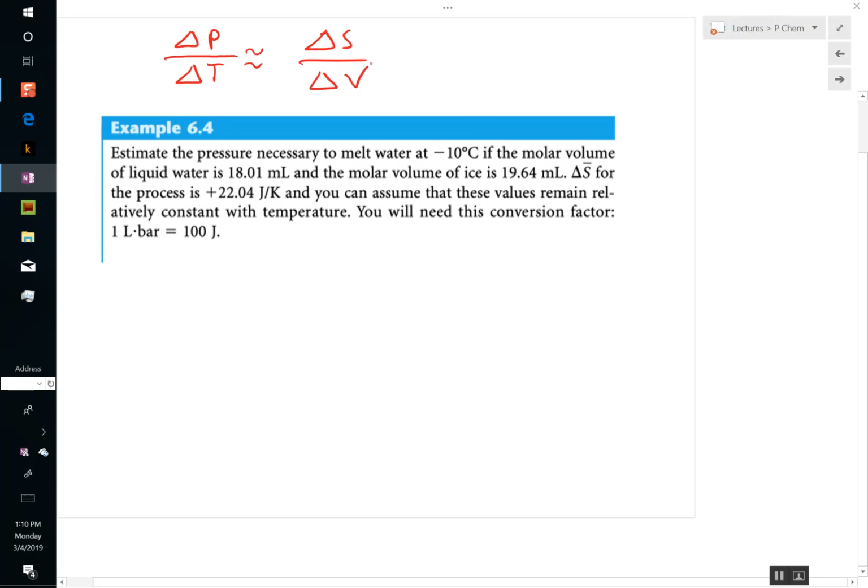Estimate the pressure necessary to melt water at negative 10 degrees centigrade if the molar volume of liquid water is 18.01 milliliters and the molar volume of ice is 19.6 milliliters.